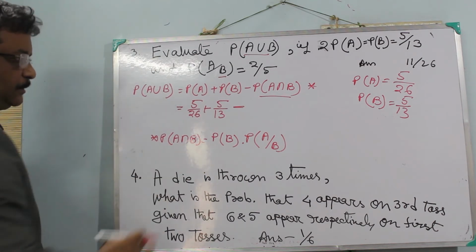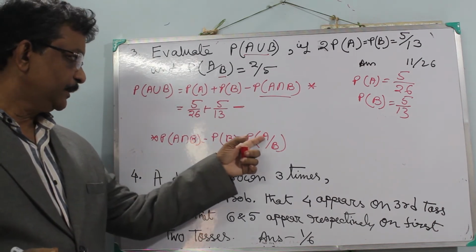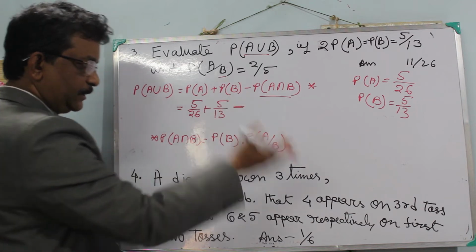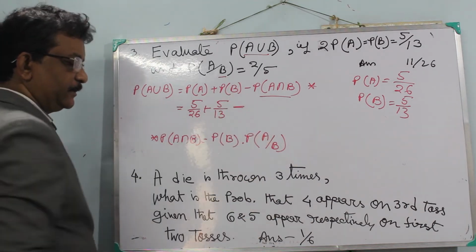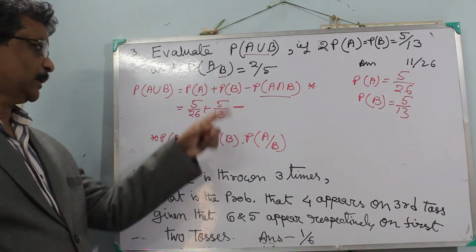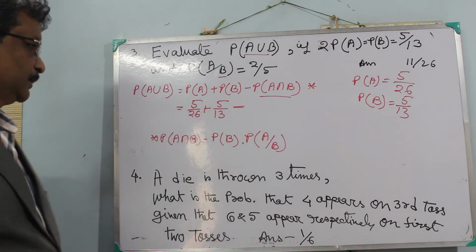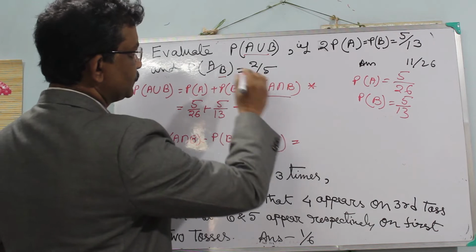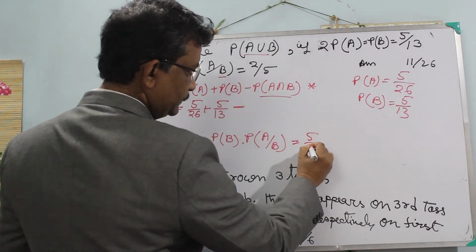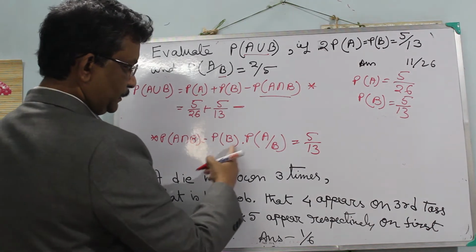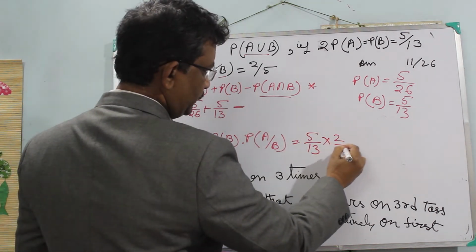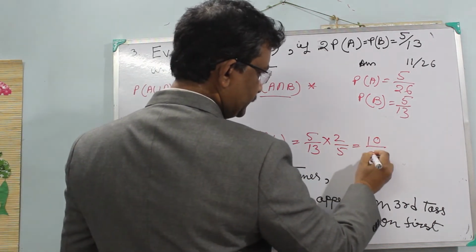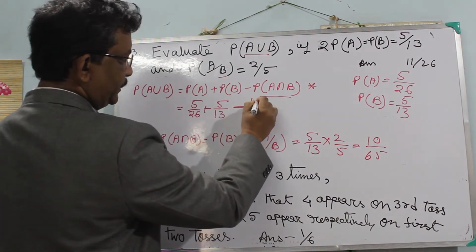So probability of A intersection B equals probability of B into probability of A by B. Symbolically, A would be in the upper portion and B would be the denominator. So probability of B is 5 by 13 into 2 by 5, which is 10 by 65. So minus 10 by 65.